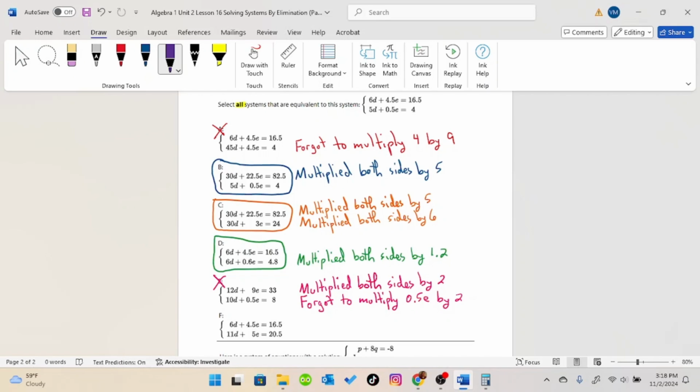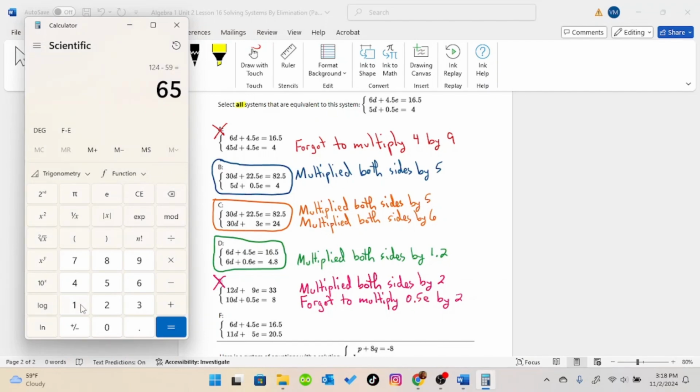This could be accomplished by multiplying by 2.2. They went from 0.5E to 5E, which happens by multiplying by 10.